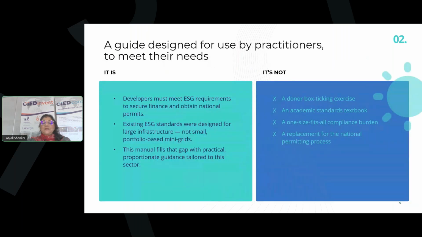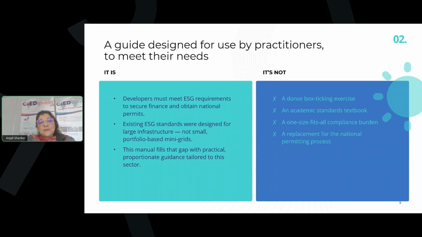Okay, so this guide is intended to be used by practitioners to meet their needs. So what it is and what it is not. As was already stated extensively, developers must meet environment, social, and governance requirements in order to secure finance and also to obtain national permits.